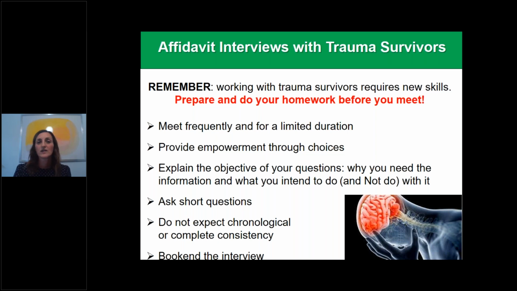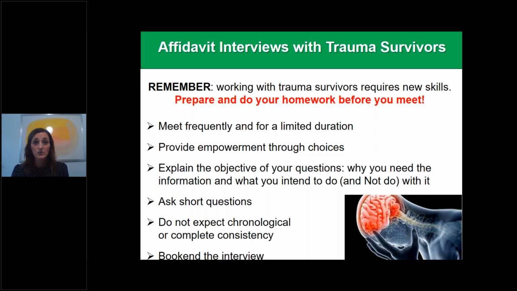Another thing that's helpful is just asking short questions, not compound questions, so you really are sure that you're getting the answers that you need. And then just knowing that, because of trauma, we talked about how oftentimes asylum seekers are going to have memory issues. They're going to suffer from PTSD or depression. They're not going to remember everything, and things are going to flood back to them in different orders. So they're going to give you pieces of stories here and there, and they're going to have a difficult time with dates and remembering when things happened.